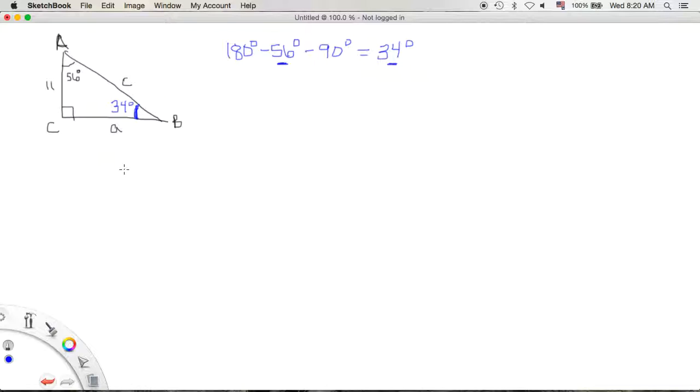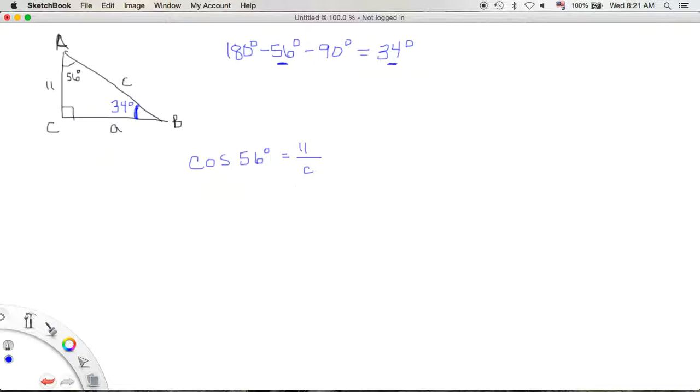Now once we know all these angles, we can use those to find another leg using trigonometric ratios. For example, we know that this leg is 11 and this angle is 56. This is the adjacent leg to this angle, so we can use our cosine, and that is adjacent over hypotenuse.